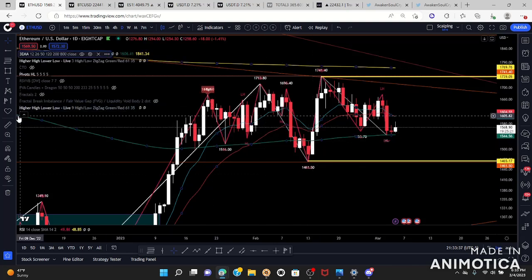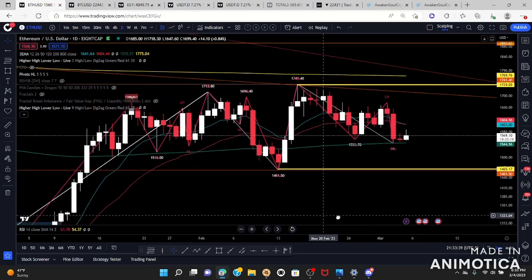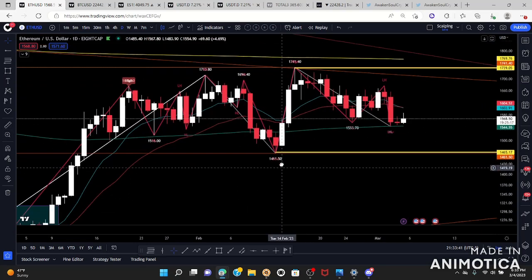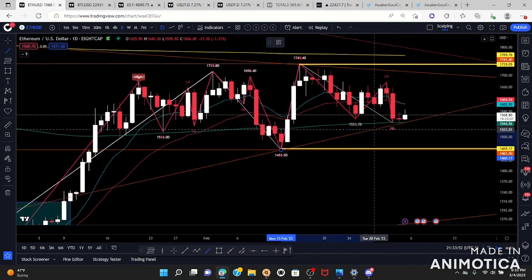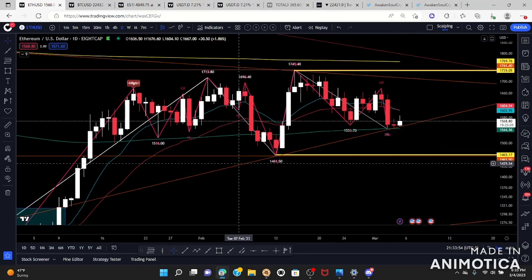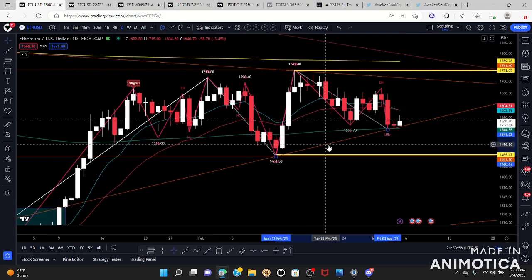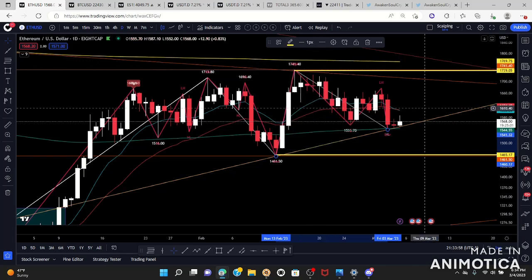Okay, now that I have my range, I'm going to turn on my higher high, lower low indicators. And again, what I'm focused on at this time is seeing if I could find a pattern, connecting trend lines, and focusing more than anything on price action. So one touch, two touches, and this is going to be yellow because we're on the daily.